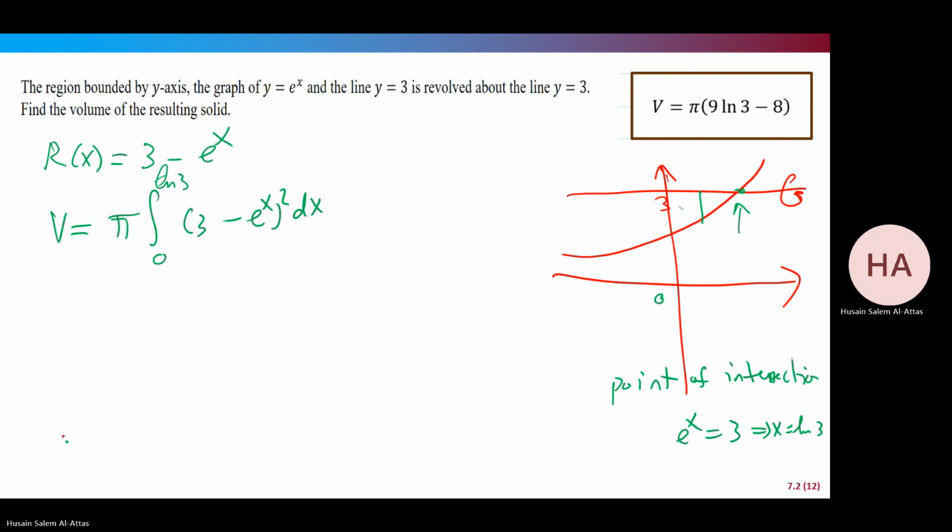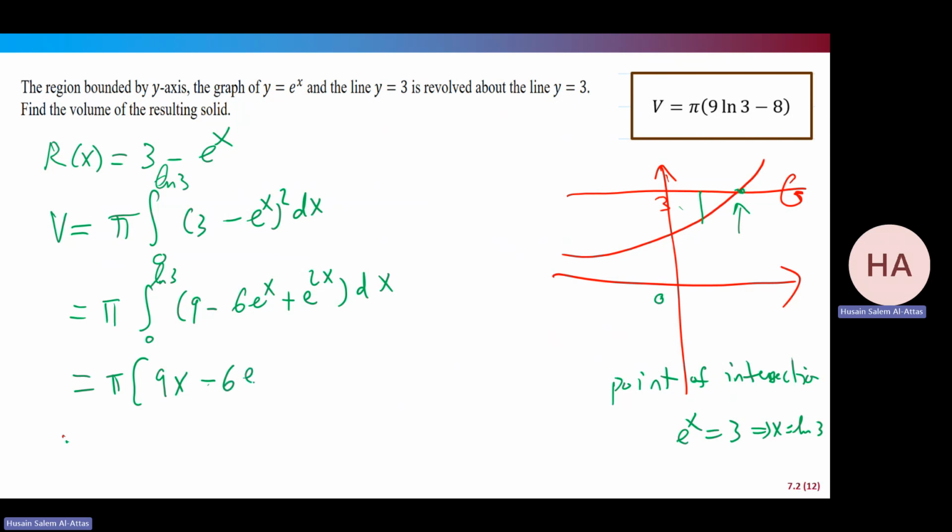Now let me do the calculation. That will be pi times the integral of 9 minus 6 e to the power x plus e to the power 2x dx. That gives me pi times 9x minus 6 e to the x plus half e to the 2x from 0 to ln 3.